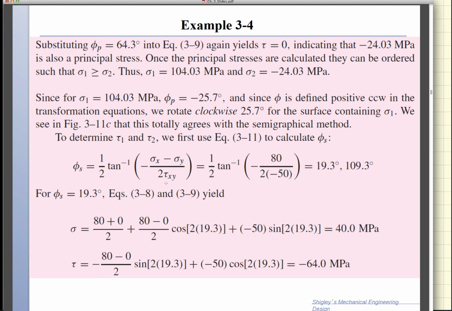In other words, the value of the maximum shear is obtained when I rotate physically 45 degrees away from one of the principal directions, which means, in terms of Mohr circle, it would be 90 degrees away, and that means it's the inverse of the angle that we obtained before with a negative sign. So that's 10 minus 1, this value, the negative, and I get the same answer, 19.3, and then I add 90 degrees to that to get the second angle.